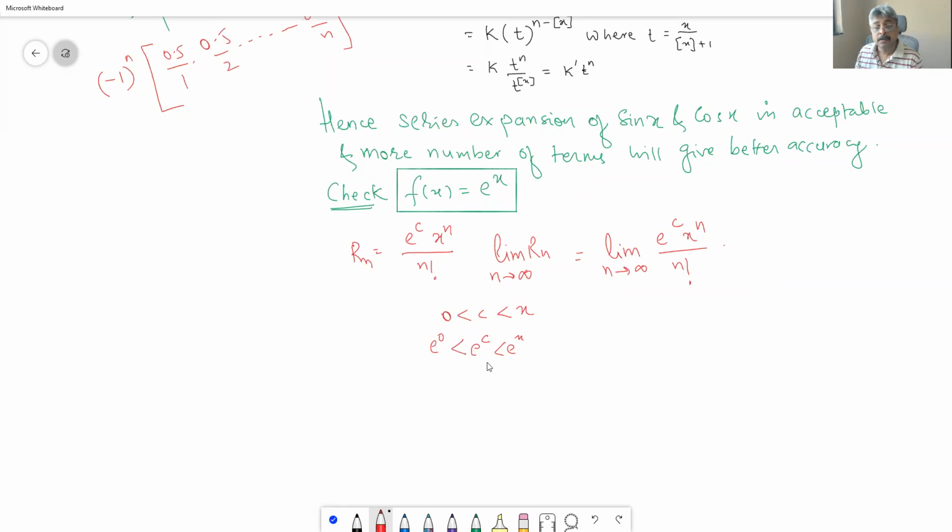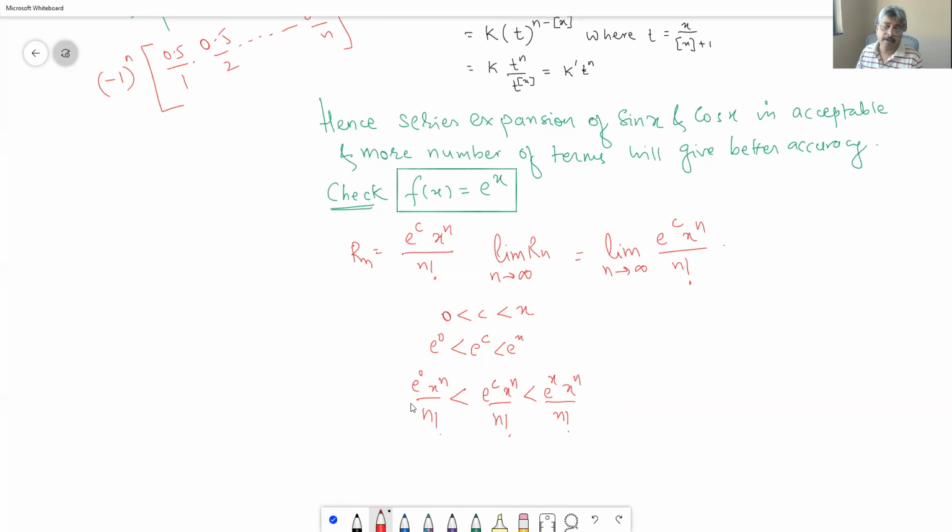Okay, so if this is true then e raised to 0 times x raised to n upon n factorial is less than e raised to c times x raised to n upon n factorial, which is less than e raised to x times x raised to n upon n factorial.